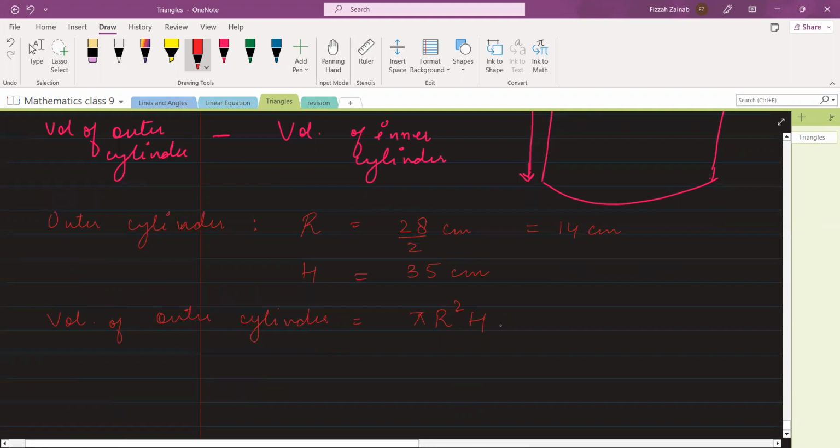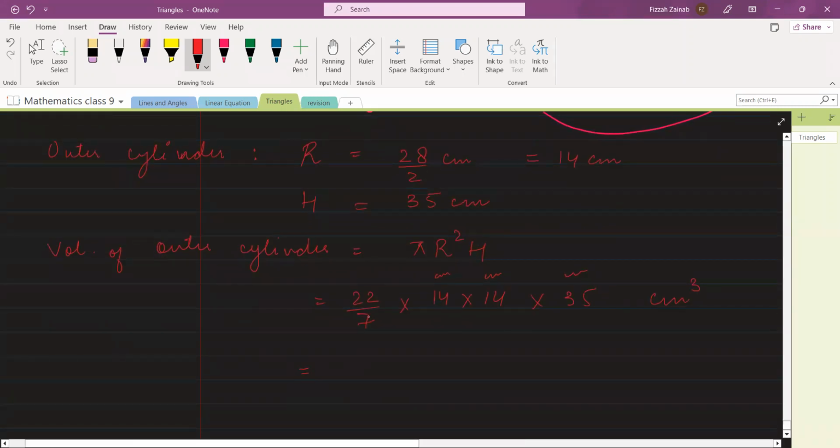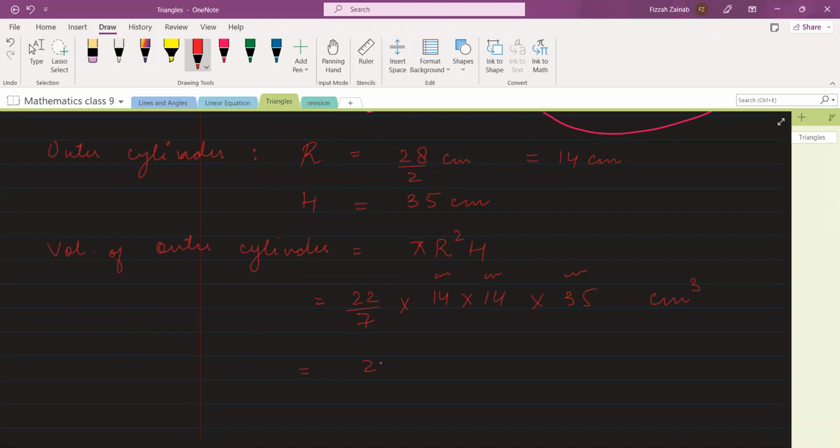So pi R square H. That means 22 divided by 7 into 14 into 14 into 35 and centimeter cube, right? So 1 centimeter here, another here, another here. So it becomes centimeter cube. Okay, so 7 into 5 is 35 that you can cut. So you will get 22 into 14 into 14 into 5 centimeter cube. Now please multiply and tell me what you are getting.